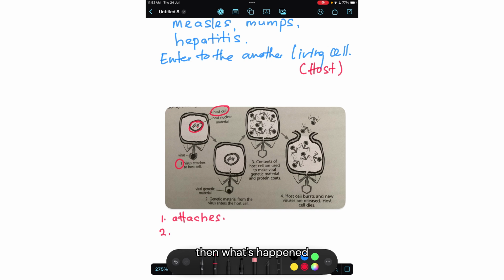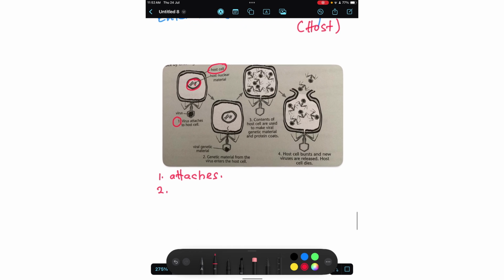Then what happens? Genetic material from the virus enters the host cell. Now this is what we call the protein capsule. It has the genetic material, and they release this genetic material into the host organism.